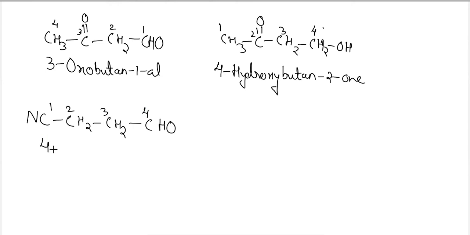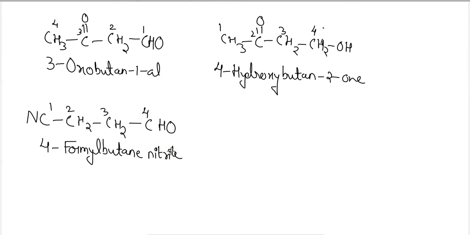For the aldehyde, formyl is being used, 4-formyl, for 4 carbon atoms, butane nitrile. This will be the name of this compound.